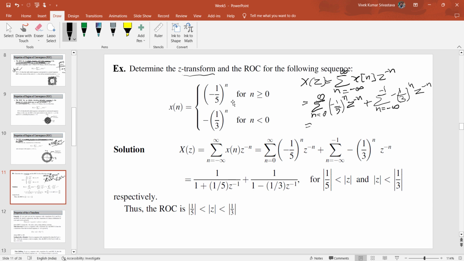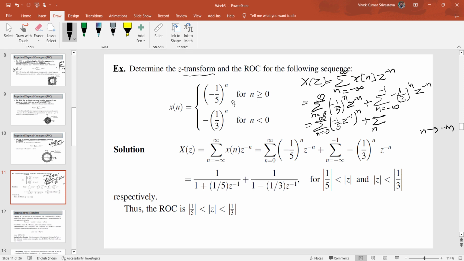If you evaluate this, the first sum will be from n equals 0 to infinity of minus 1 by 5 z raised to the power minus 1, raised to the power n, plus, here I am just interchanging n to minus m.